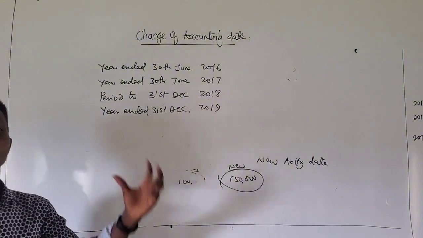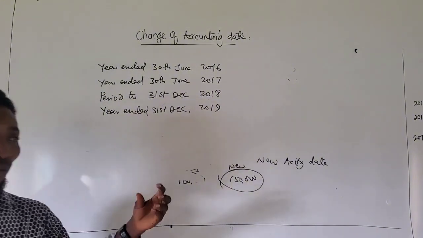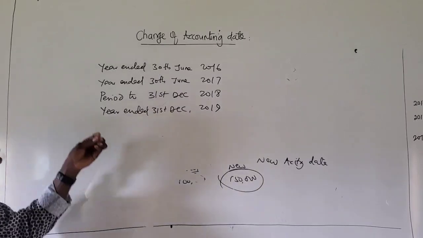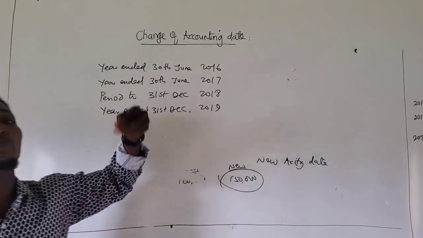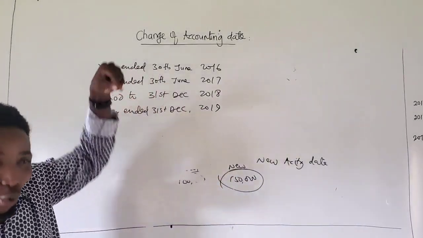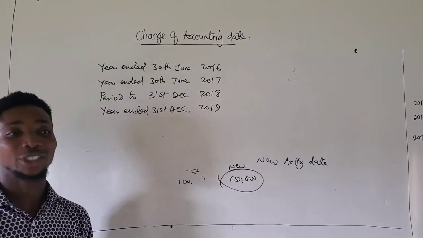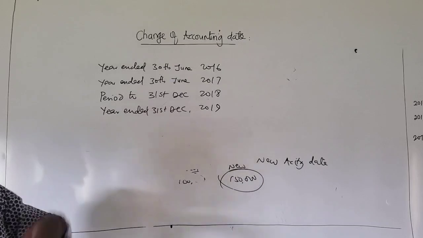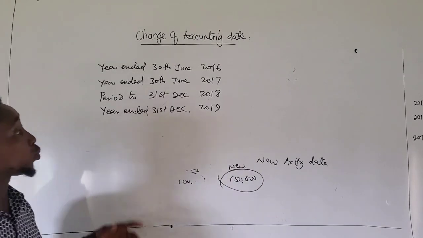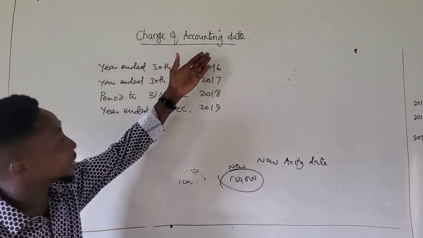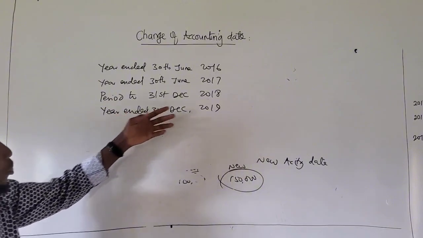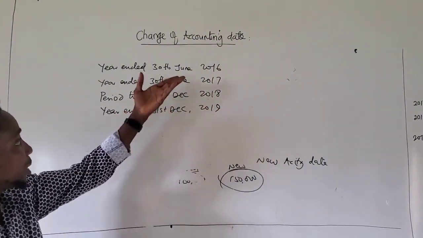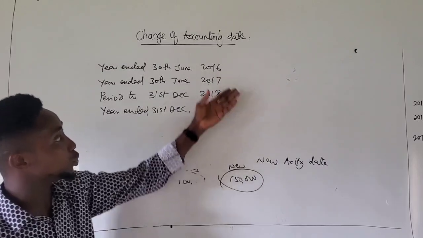One thing that will help you is to use this clause: which year did they fail to make up accounts with the old accounting date? That is what will help you. In some questions, you get a scenario whereby there will be a jump or a gap between the years.